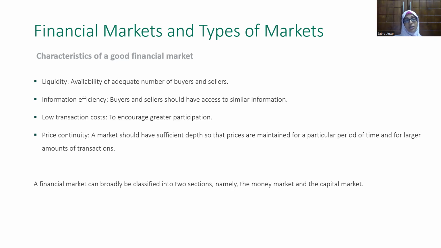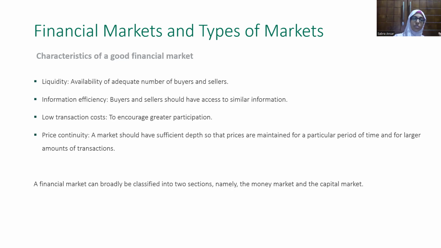The third characteristic of a good financial market is to have low transaction cost. So what is transaction cost? It is the cost involved with buying and selling in the financial market.